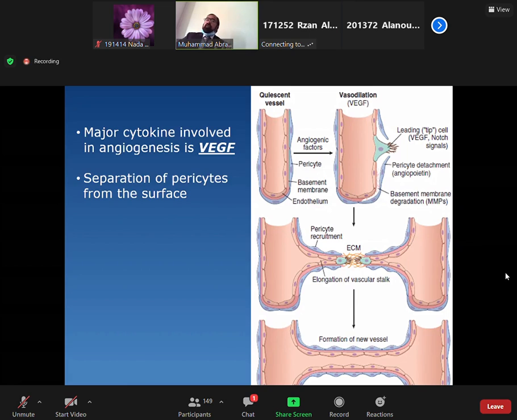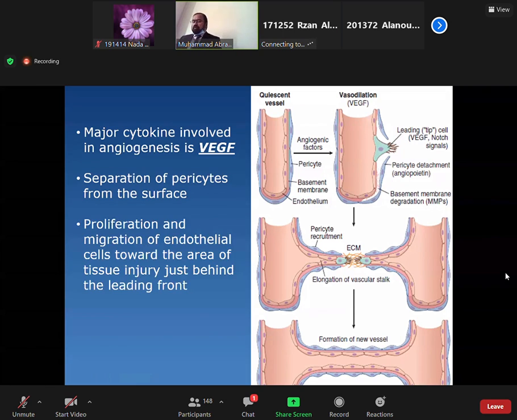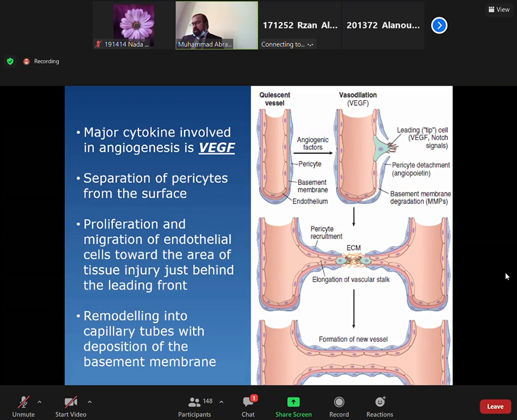Without growth factor, nothing will go on. Each signal, each single cell needs a growth factor. Here it is VEGF, which is continuously being secreted and stimulating these endothelial cells, pericytes, and the basement membrane is forming. So the whole cascade will go on. There is proliferation and migration of endothelial cells, and finally they remodel and form a good blood vessel. Clear? Okay, good.